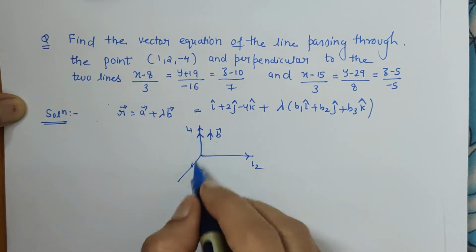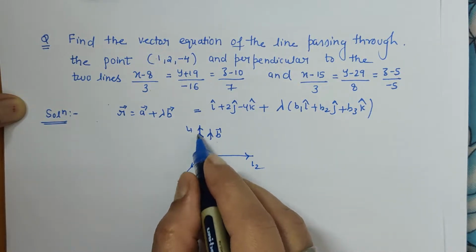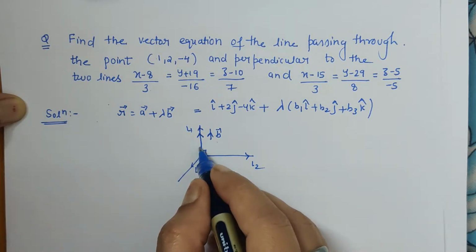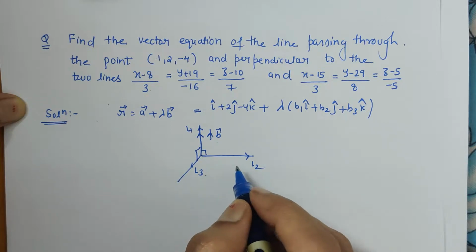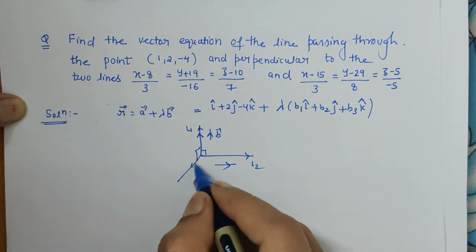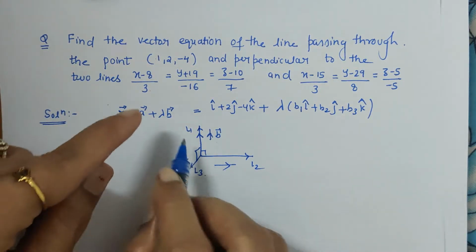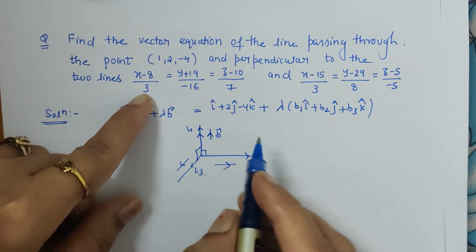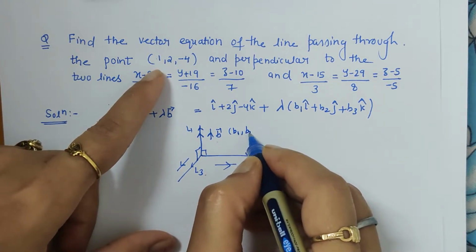In this position, the line is perpendicular to both the other lines. So for L2 there will be a parallel vector, and for L3 there will be a parallel vector, and that is nothing but the direction ratios. For the first line it is b1, b2, b3.